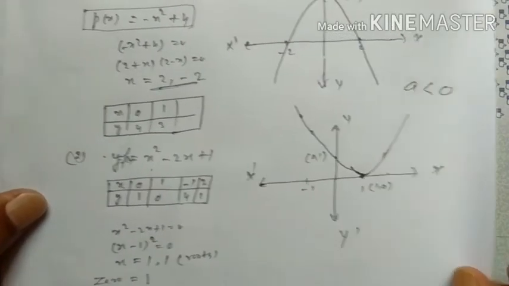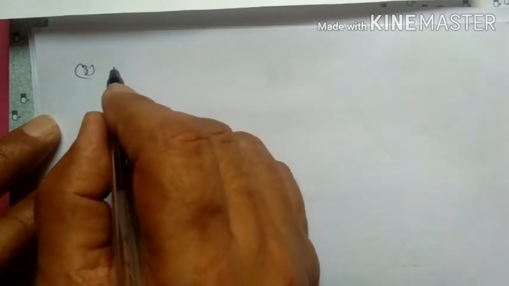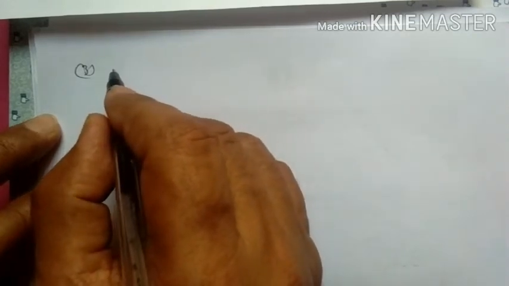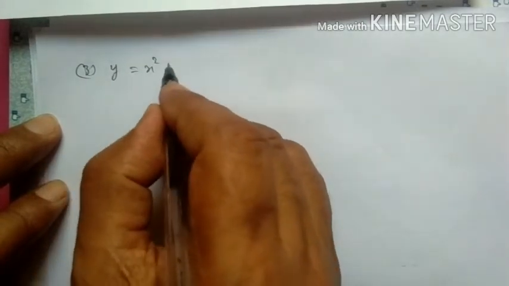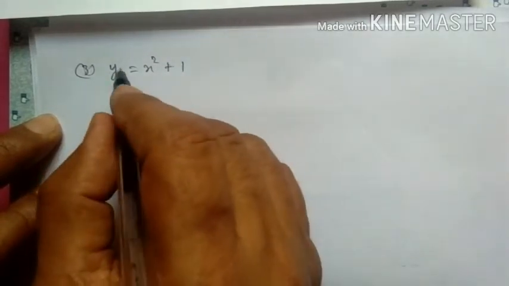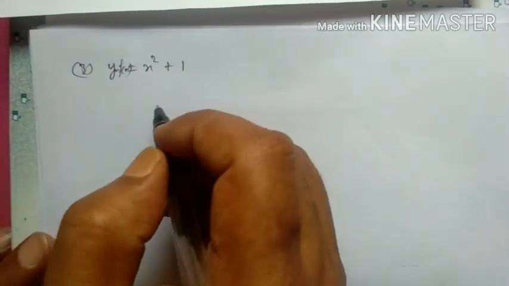So now let's see the third case. Take an example, y equal to x square plus 1, this is f(x) equal to x square plus 1.